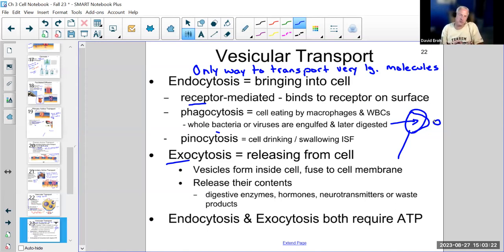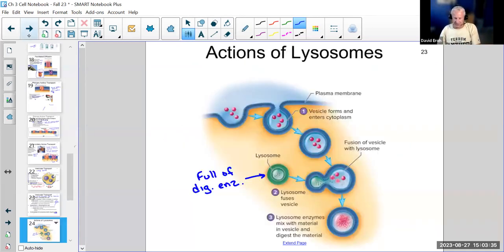But that's how it works, because the lipid membrane is kind of like bubble soap. All of these require ATP. None of this stuff is free, but it's the only way to get big giant things into or out of the cell.